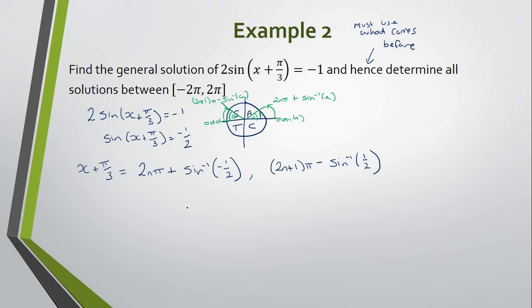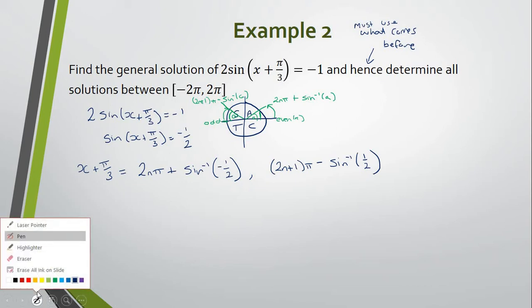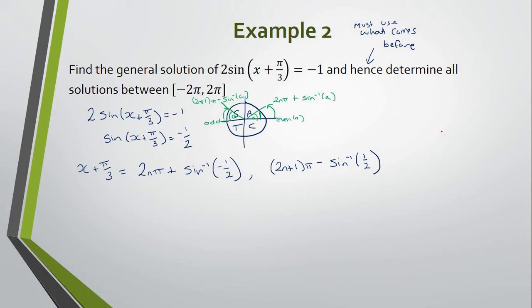What we need to do now is to figure out what this value of inverse sine of -1/2 is actually equal to. Excuse me as I keep changing colours here. So this is what we're trying to find out. We're trying to find out what inverse sine of -1/2 is equal to. We look in our unit circle. Now what we need to remember is that sine was defined with a range from -pi on 2 to pi on 2, okay?